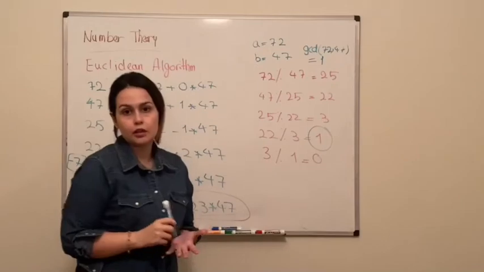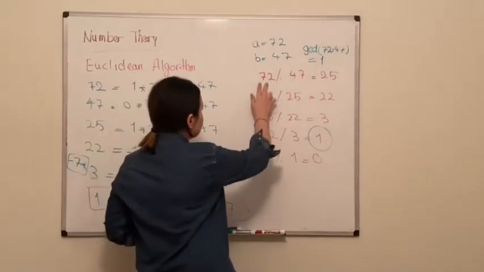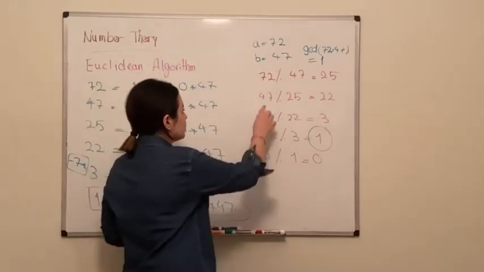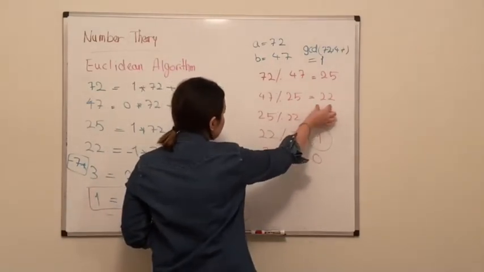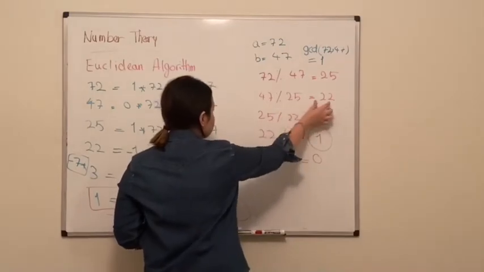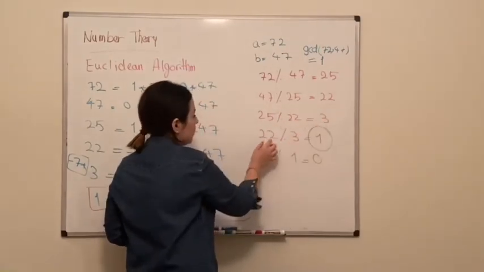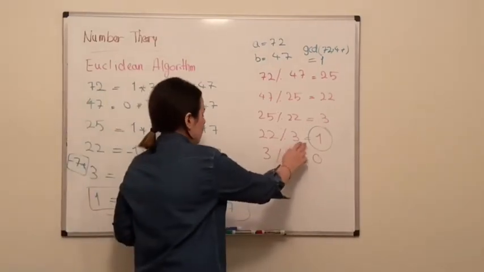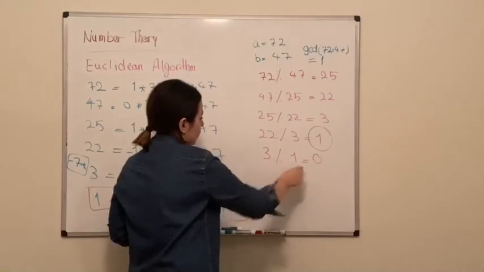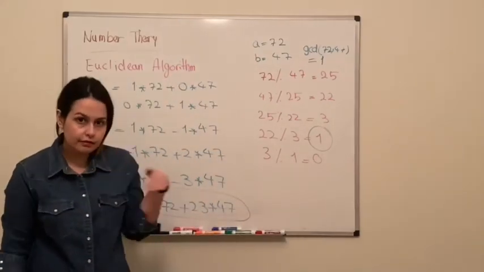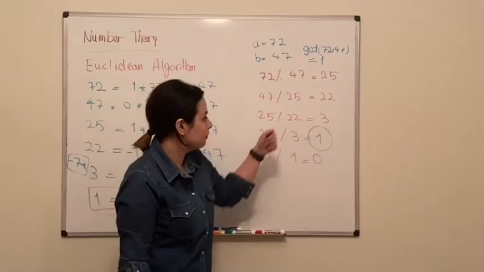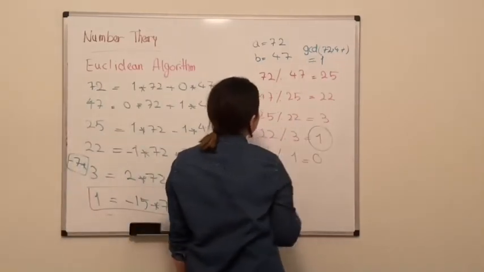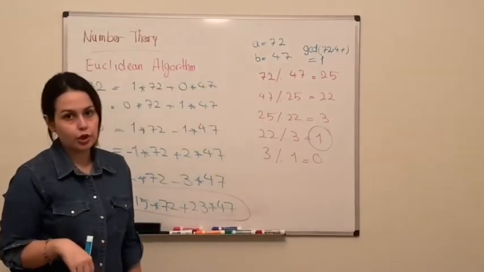By using the Euclidean algorithm. 72 mod 47 is equal to 25. 47 mod 25 is equal to 22. 25 mod 22 is equal to 3. 22 mod 3 is equal to 1. And finally, 3 mod 1 is equal to 0. We know that the GCD is not the step where we reached 0, but the one before that. So the GCD of 72 and 47 is equal to 1.